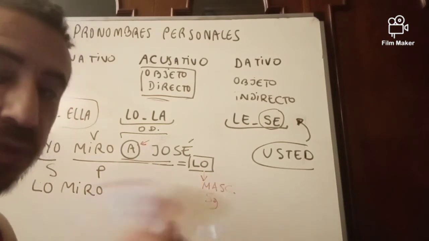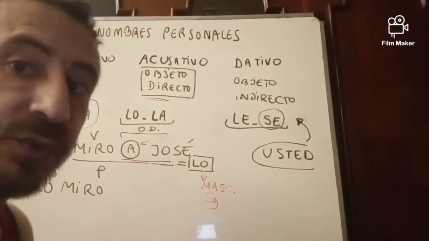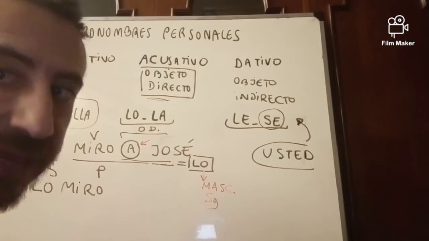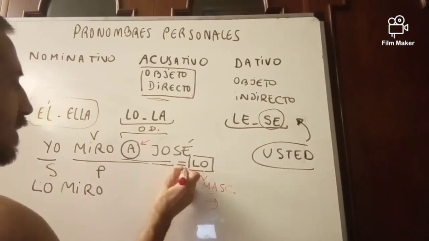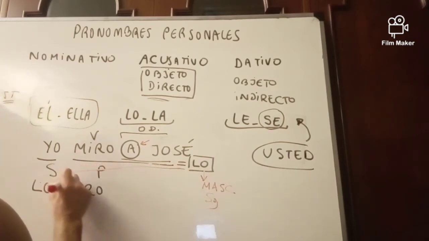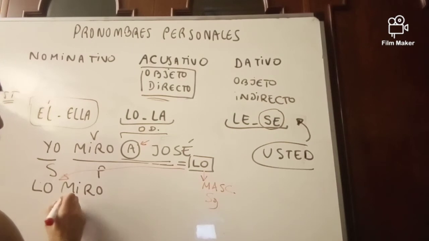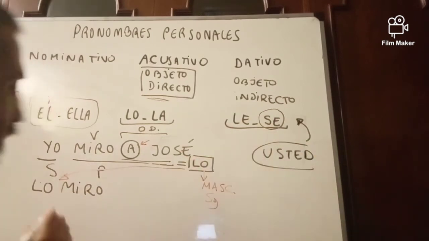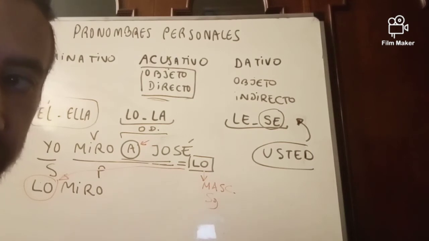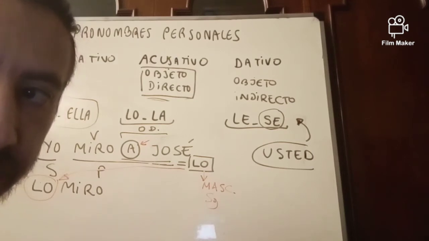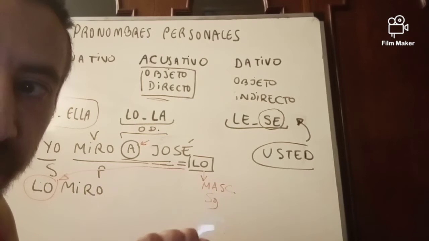The words order in the sentence must be reversed. Don't forget that, please. Yo miro a José, yo lo miro. So this lo comes here instead of here. And then the verb. So remember, the object pronoun always is just before the verb.